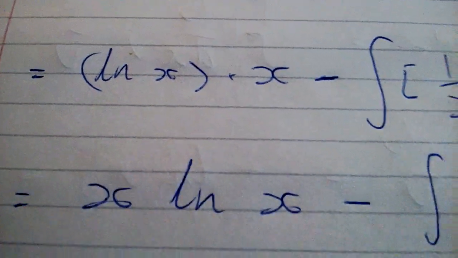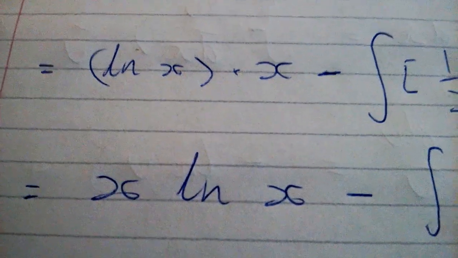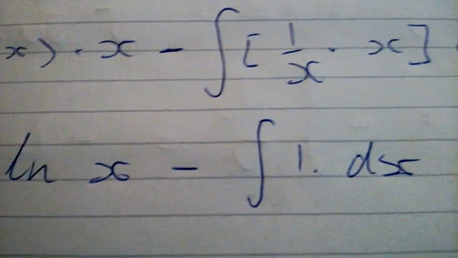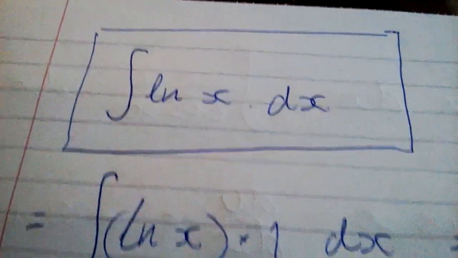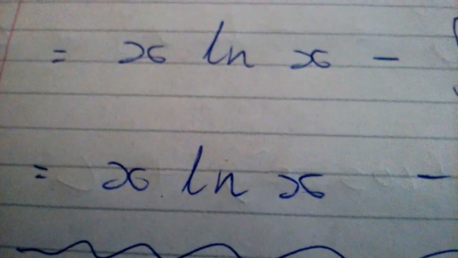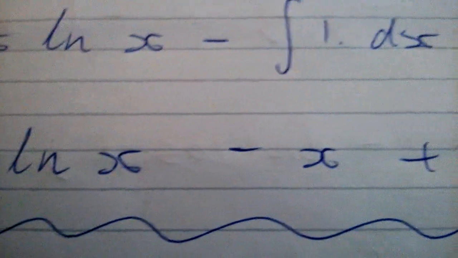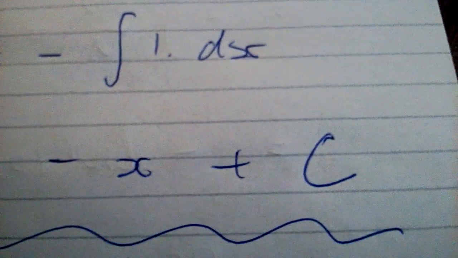So the first part's x ln x, and then the second term I need to integrate is just 1 dx, which just integrates to x plus c. So the integral of the natural log of x is x times natural log of x minus x plus c.